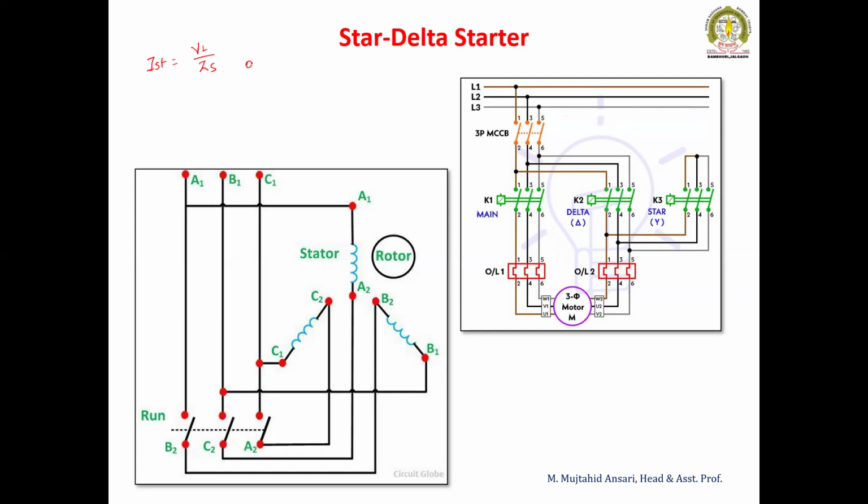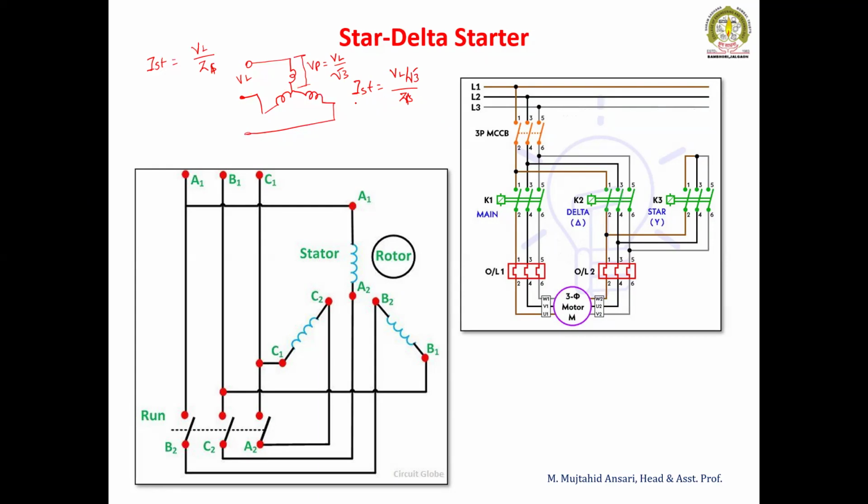Now, if the motor is connected in star, what will be the change? When the motor is connected in star, this is the line voltage, whereas this voltage is the phase voltage, which is equal to V line divided by √3. So when the motor is connected in star, the starting current is equal to V line divided by √3 divided by ZS, or Z1, the impedance per phase of the three-phase induction motor.